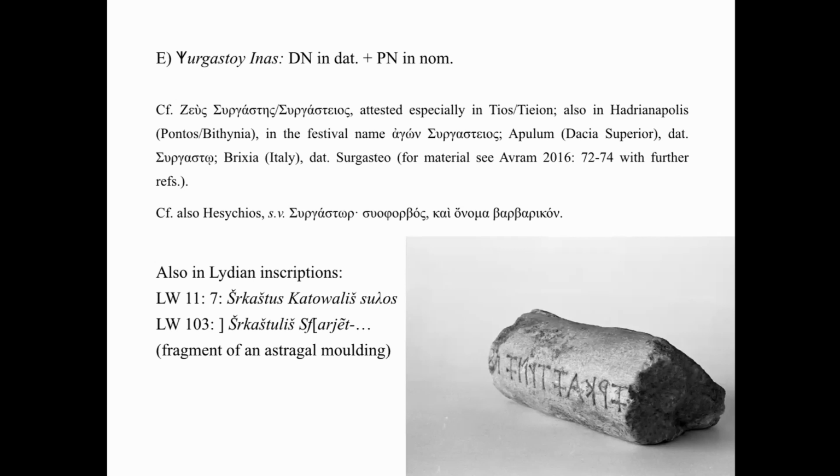The other one is on a fragmentary inscription which might be connected with some dedication. It might be a divine name, but in any case it doesn't change anything. We have the same word written slightly differently.